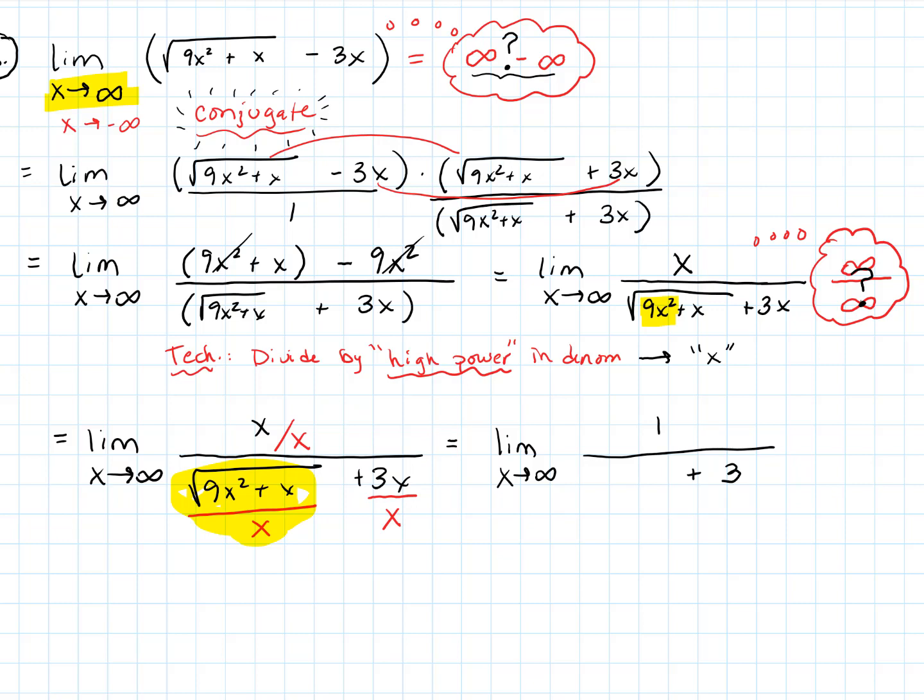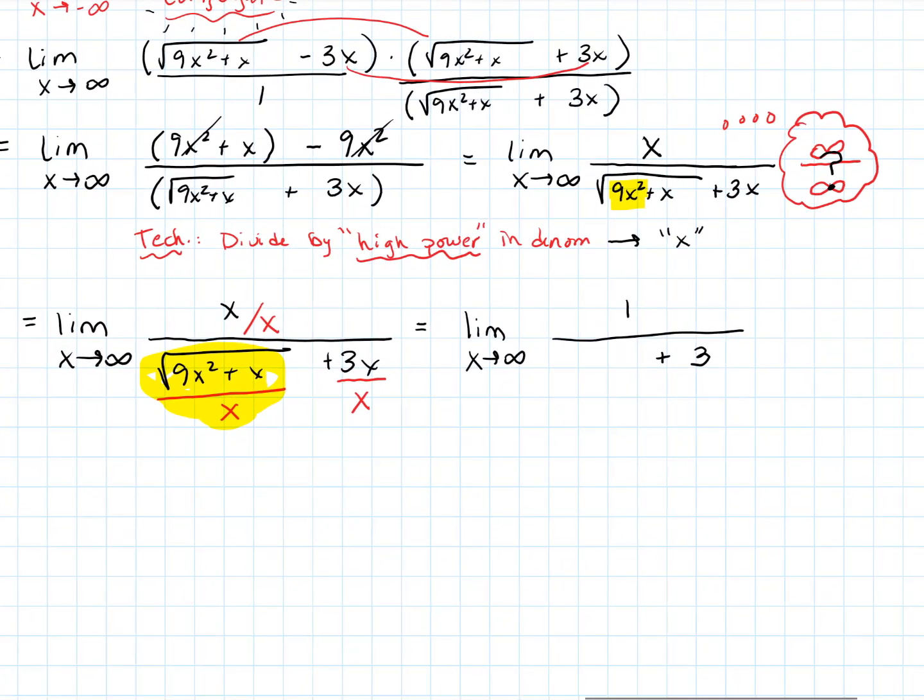So how do I deal with that little piece right there? We have this nice little fact that says x is equal to the square root of x squared if x is greater than or equal to 0. That's the fact that we're going to use.